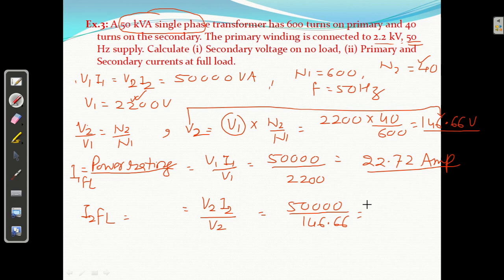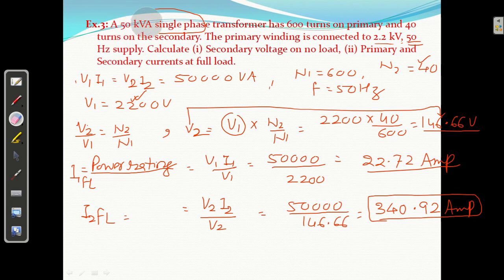If you divide, you will get 340.92 ampere. Right? So in this way you can get the current I2 at full load, I1 at full load. Okay? So this is the way.